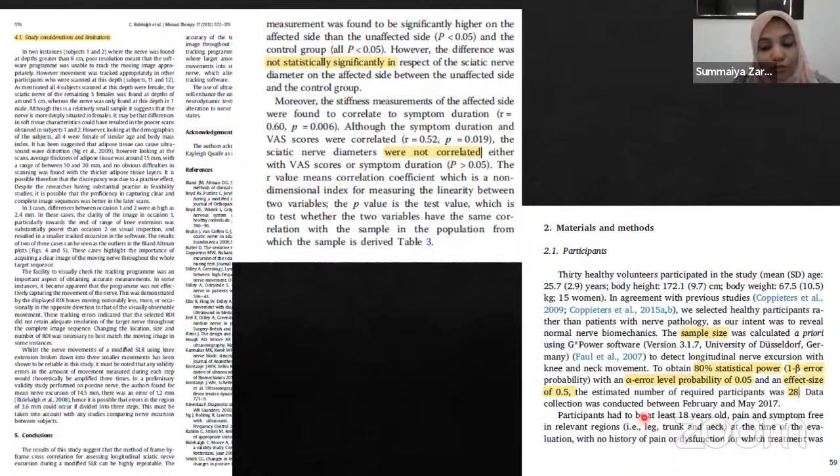But a reviewer is expecting this statement, that you had preset the power of your study, or assumed the power of the study to be 80%. Your beta error is so much, 1 minus beta error, and your alpha error, the level of probability, type 1 error, alpha, beta is type 2, is 0.05 with an effect size of 0.5.